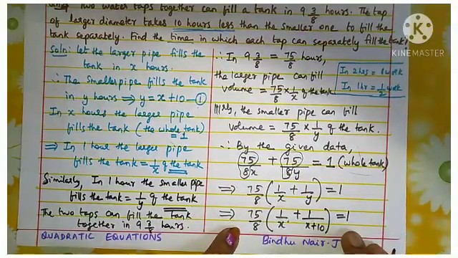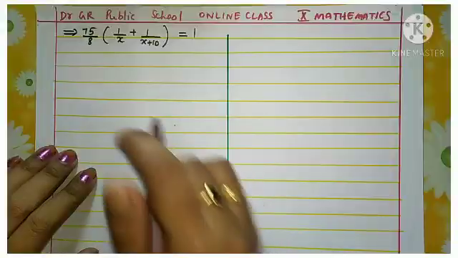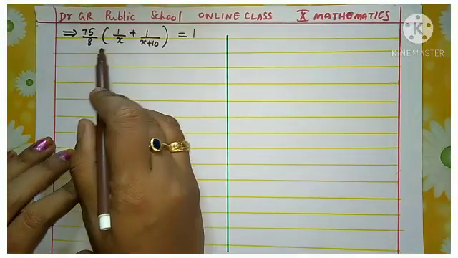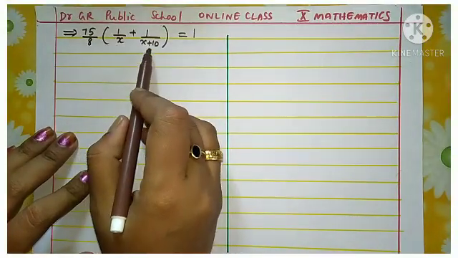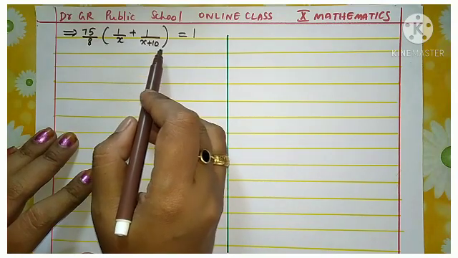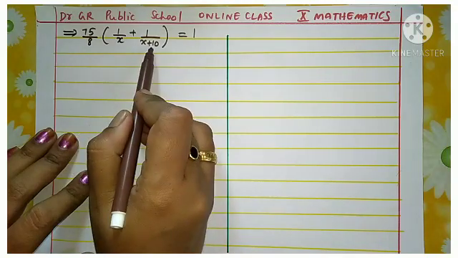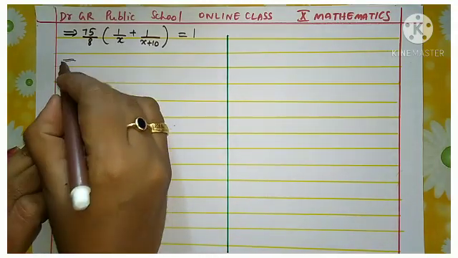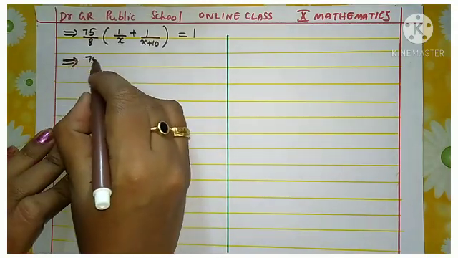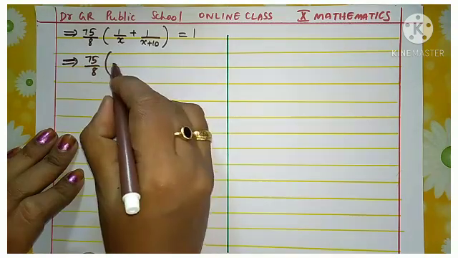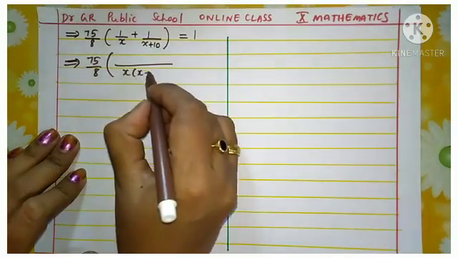Now we can make the quadratic equation. So we got 75 by 8 into 1 by x plus 1 by x plus 10 equal to 1. Now we are going to simplify this equation by taking the LCM. Okay. So this implies 75 by 8 into, here the LCM is x into x plus 10.